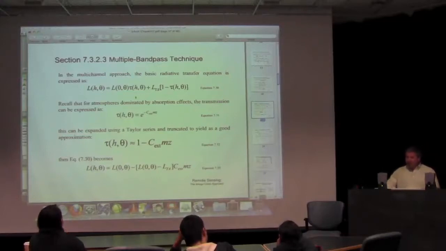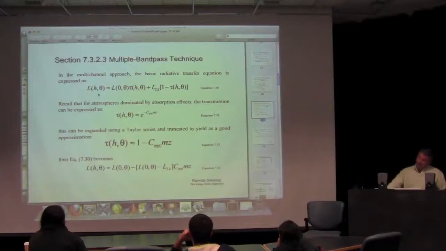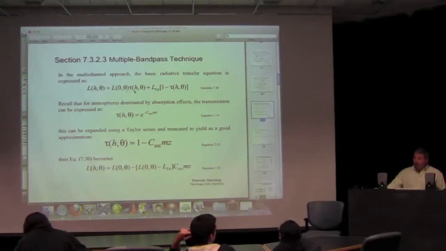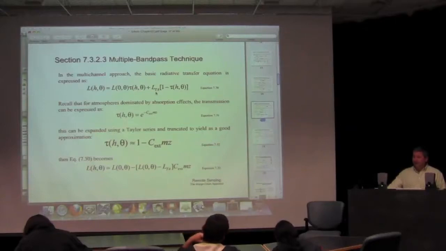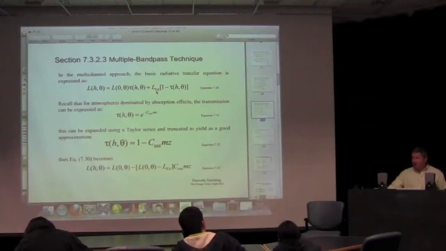All right, we're going to rewrite the equation a little bit here. The radiance reaching the sensor at some angle theta is the radiance leaving the ground in that direction plus the path radiance in that direction. Now here's a term that we haven't used before, LTA. This is the temperature of the air column between the ground and the sensor, a mean average temperature of the air column between the ground and the sensor.